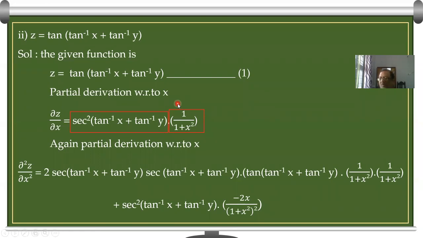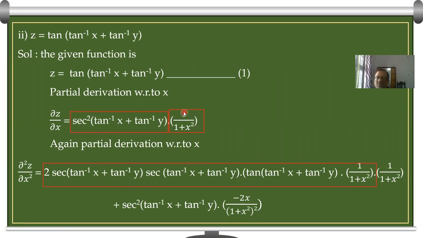In the UV formula, what is the process? First U dash and V as it is, plus U as it is and then V derivative. Therefore, up to here, it is completely U dash, the first function derivative, and the second function as it is. Next, the first function as it is, and the second function derivative.